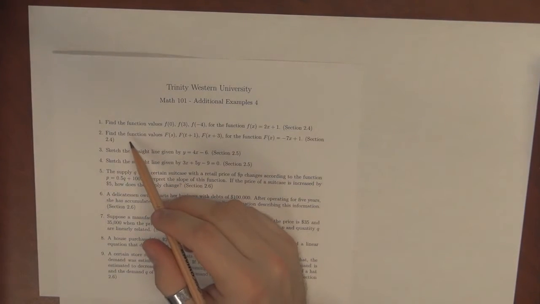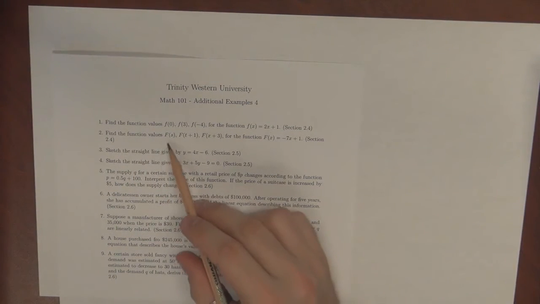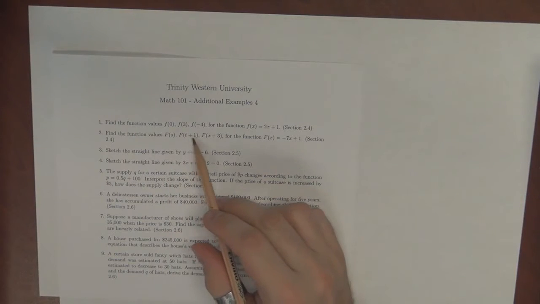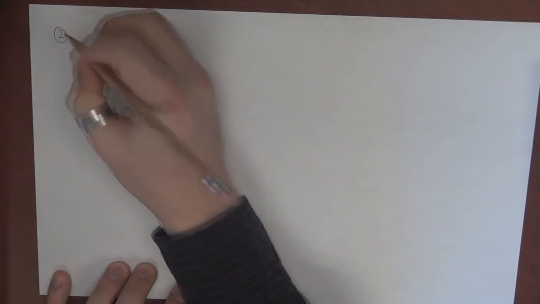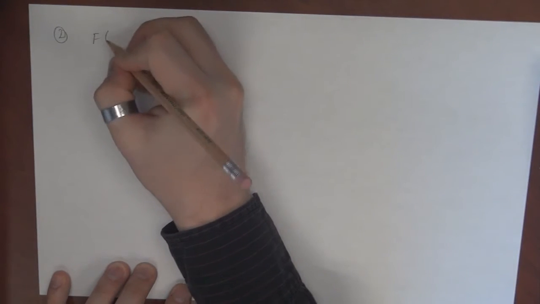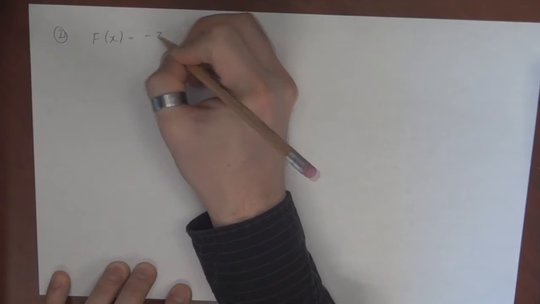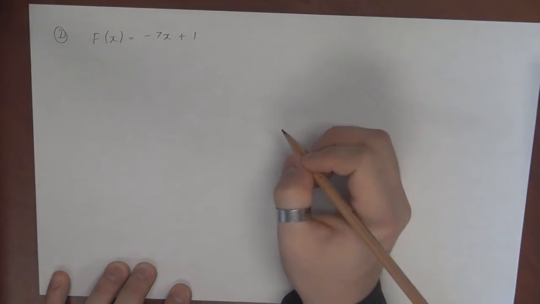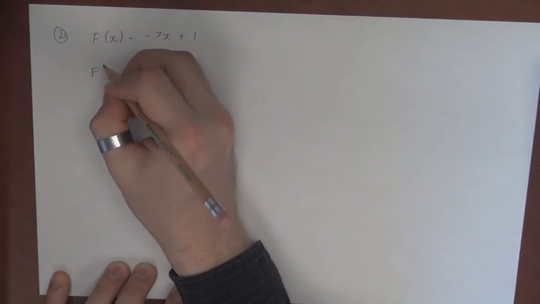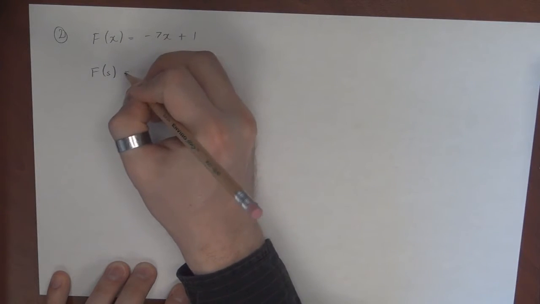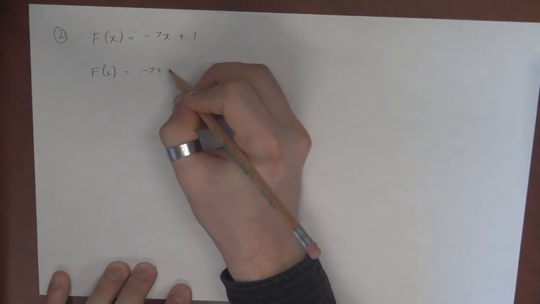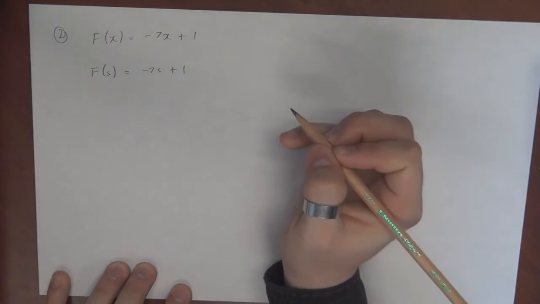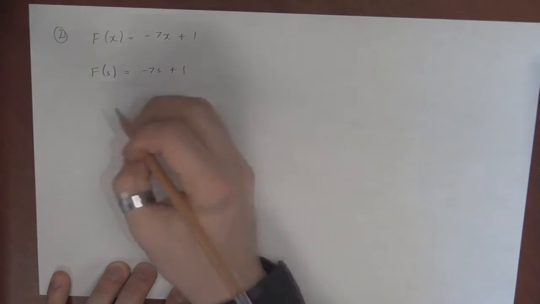For number 2, find the function values f of s, f of t plus 1, f of x plus 3 for this function. So my function is negative 7x plus 1. Now when I apply this rule to the input s, I simply put it wherever the input is.